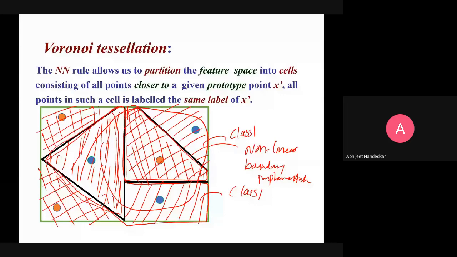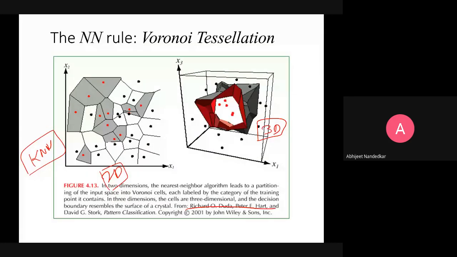So if I take a more complicated example like this, in 2D with many samples mixed together belonging to two different classes, then you can see the boundary for, say, the white class is like this.